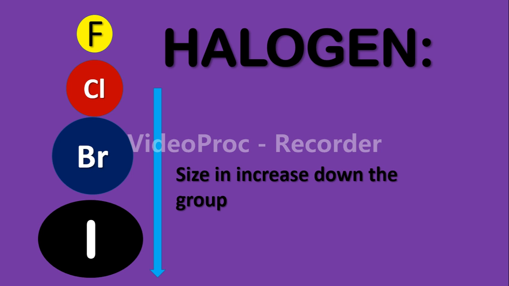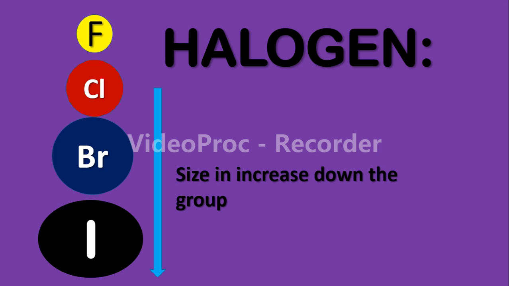You know that fluorine is available in gaseous state and iodine is available in solid state, due to the increase in size and atomic mass. As a result, the solid properties also increase. So iodine is mostly available in solid state.